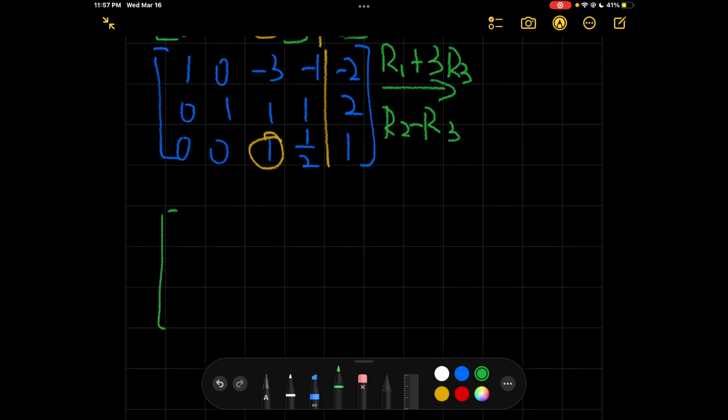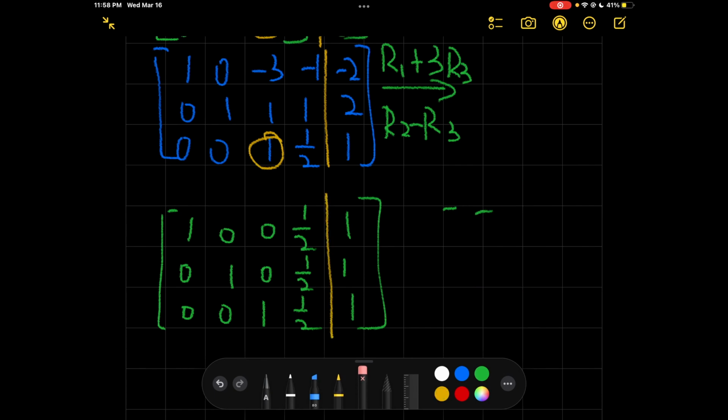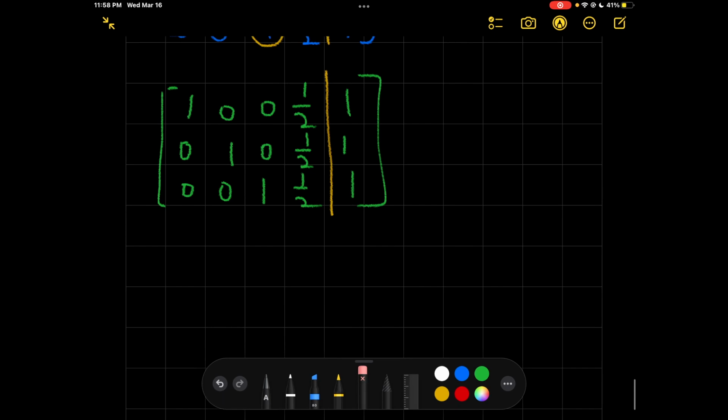We got: 1, 0, 0, negative 1 plus 3/2, which is 1/2, and negative 2 plus 3 is 1; and row 2 minus row 3 is 0, 1, 0, 1/2, 1; and 0, 0, 1, 1/2, 1. Okay, we get the reduced echelon form.